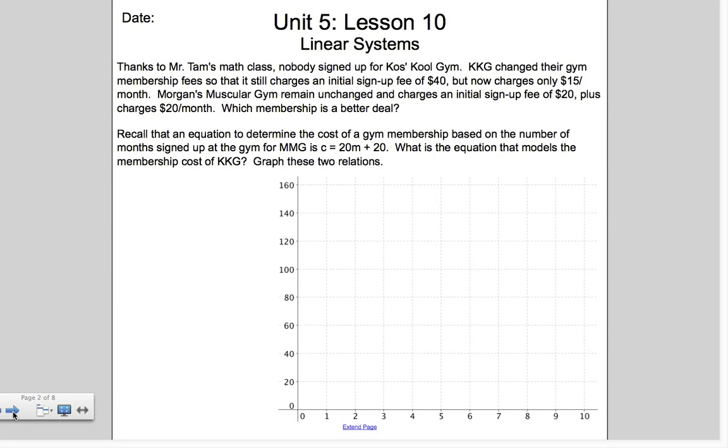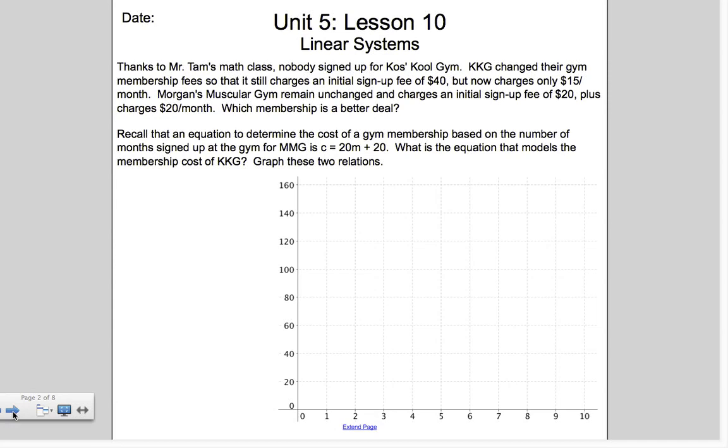He says nobody came because you taught them that Morgan's gym was cheaper, and no matter how long they sign up for, Cause's would always be more expensive, because when we graphed the lines, they were parallel. So Cause's gym was always going to be more expensive.